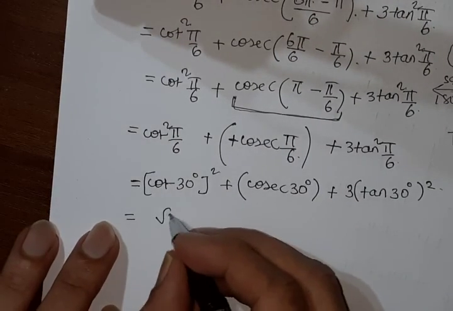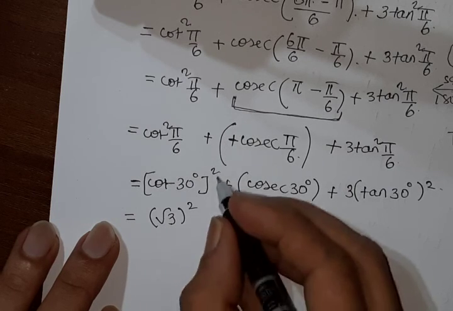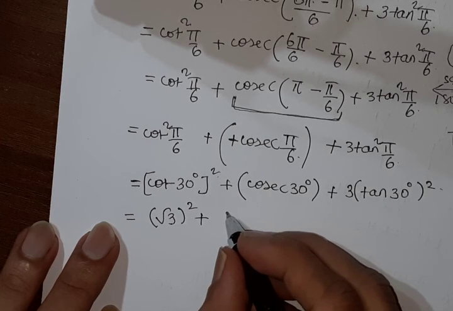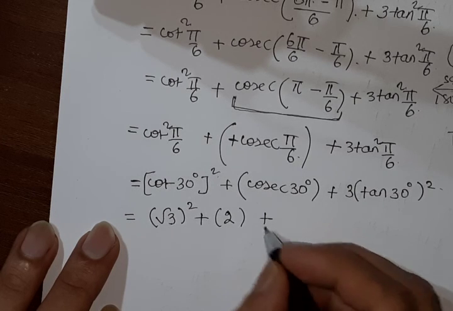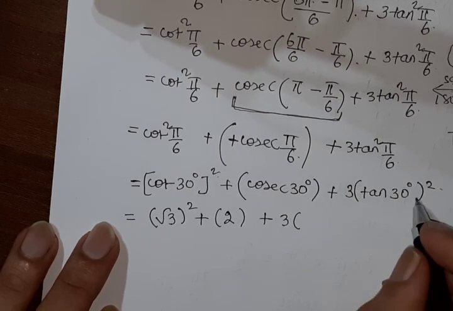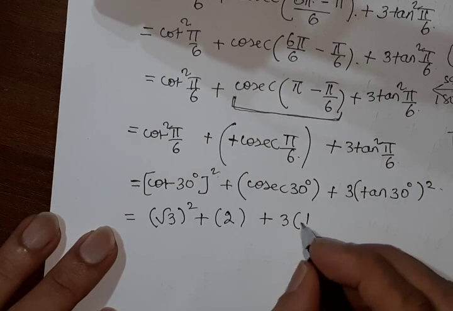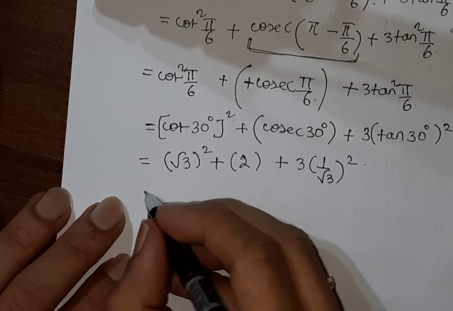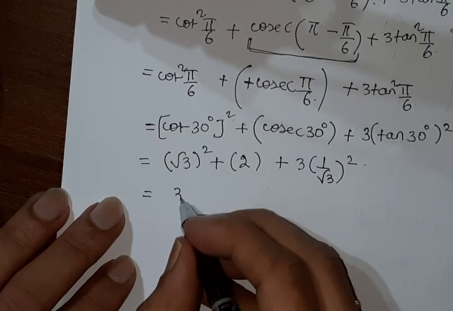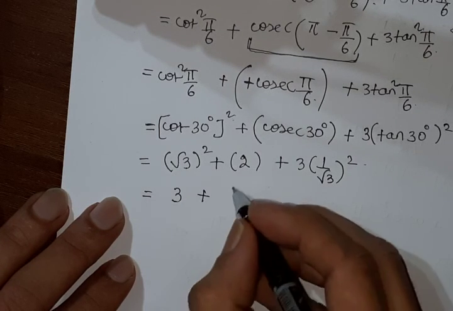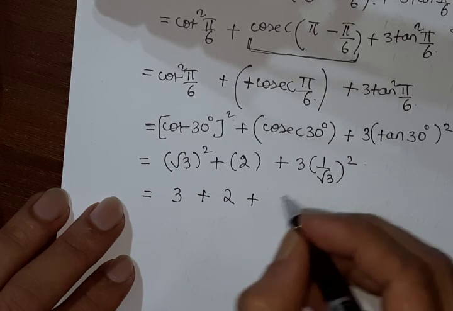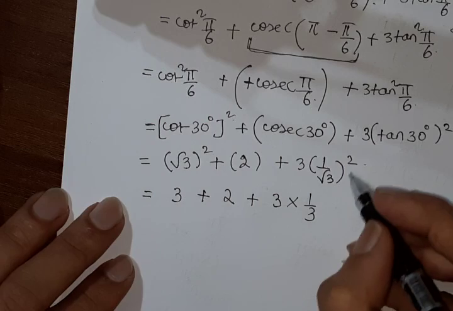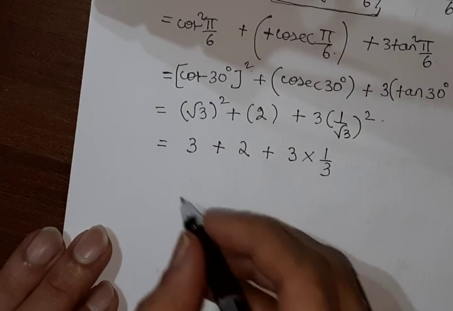It is root 3, the whole square here, plus cosec 30 is 2, plus 3 times tan 30 is 1 by root 3, the whole square you have. So root 3 the whole square is 3, plus 2, plus 3 times 1 by 3, 1 by root 3 the whole square is 1 by 3.